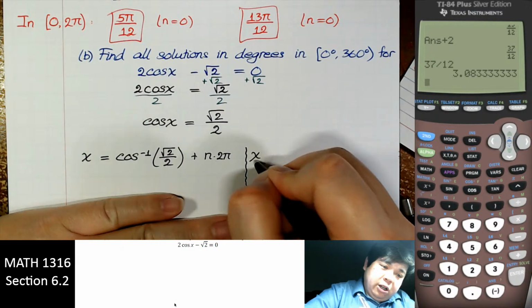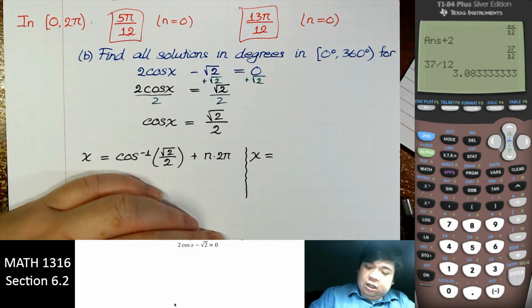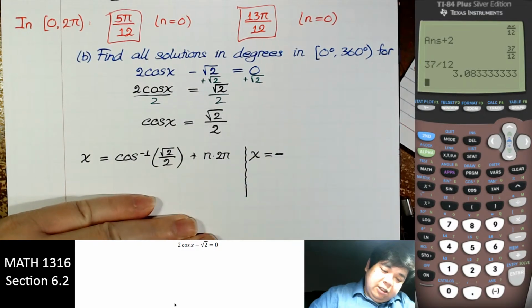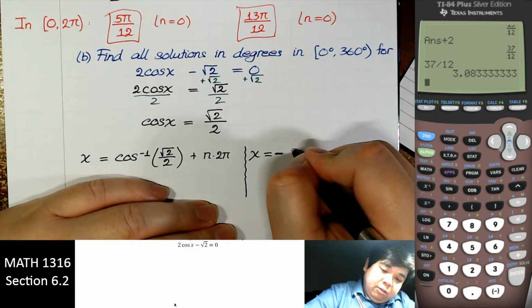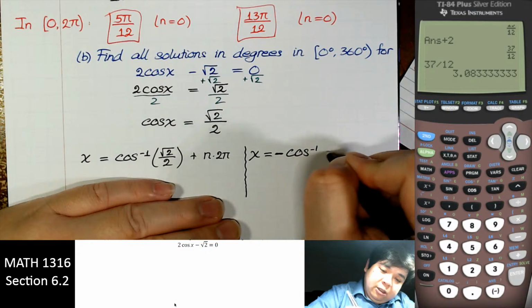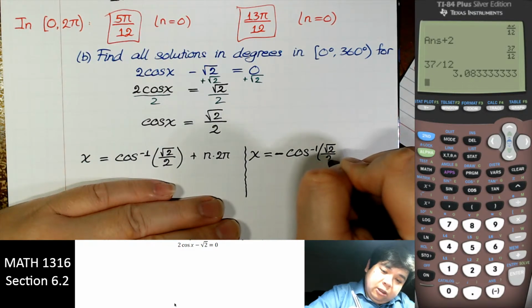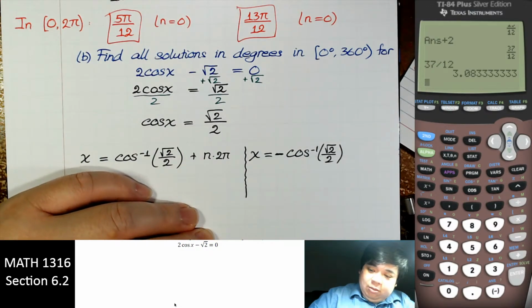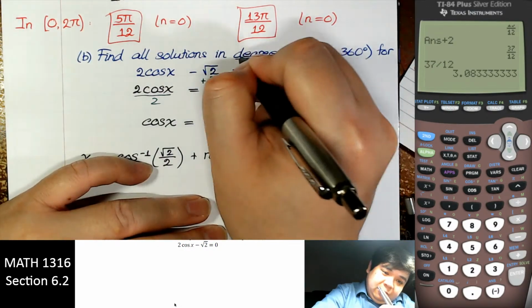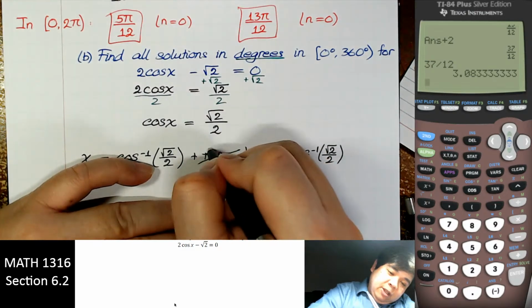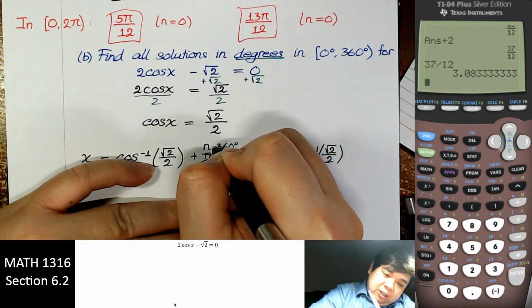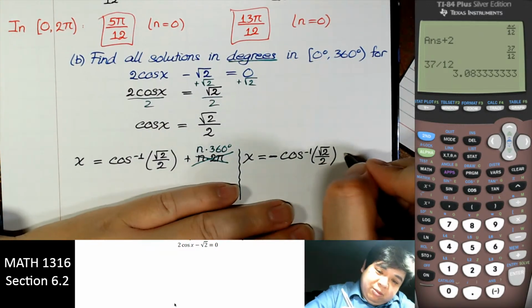And then for cosine, this is going to be the opposite of cosine inverse. By the way, this time we use degrees. So n times 360 degrees instead. Sorry.